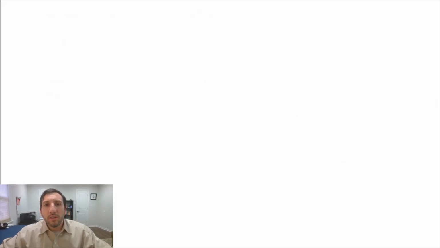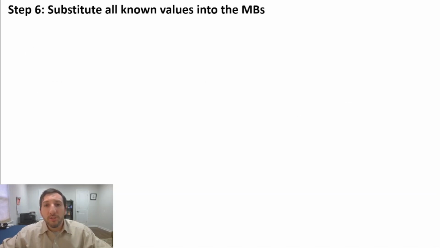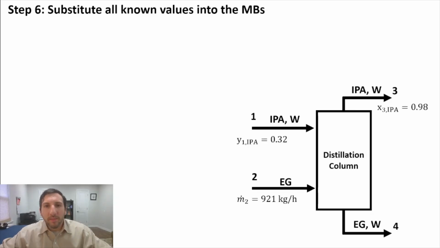The next thing we're going to do is substitute all my known values into those material balances. Again, I'm going to put up our diagram of our system. We've got the IPA material balance, and we're going to substitute in here. We're going to convert M1 IPA equals M3 IPA into our mass fraction and the mass flow rate of the entire stream.